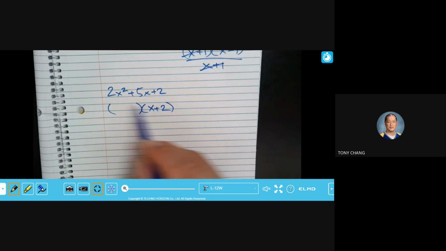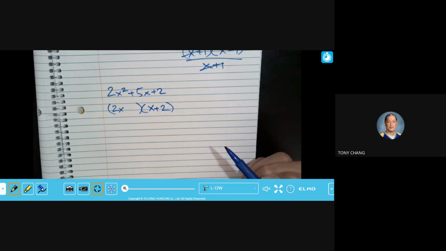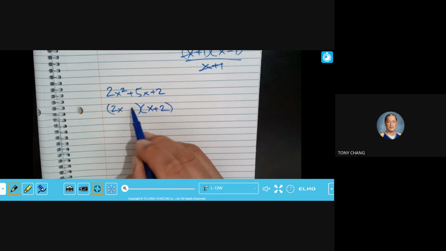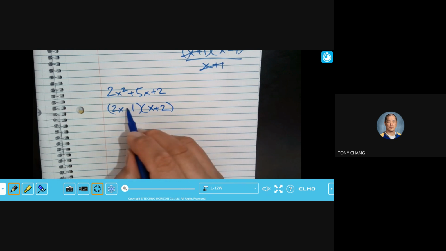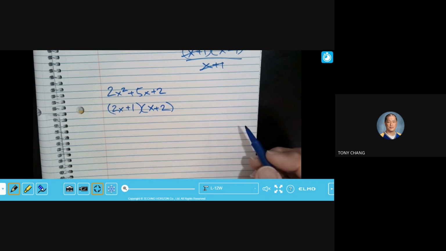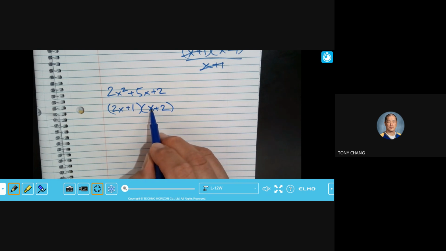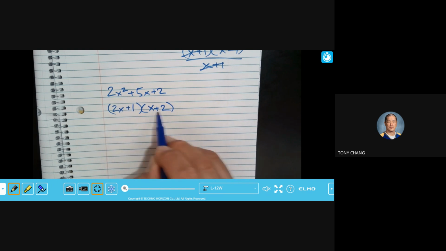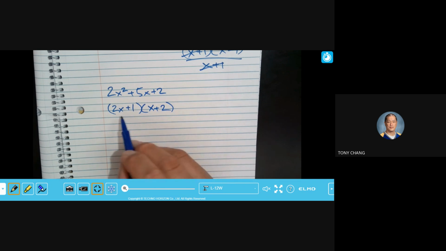X times 2x will be 2x squared, and 2 times 1 is going to be 2. One more time. X times 2x is 2x squared, and 2 times 1 gives me 2. So I'm guessing that these are going to be my factors.